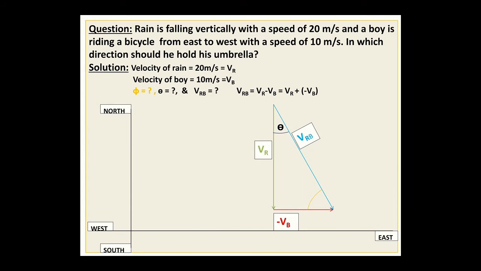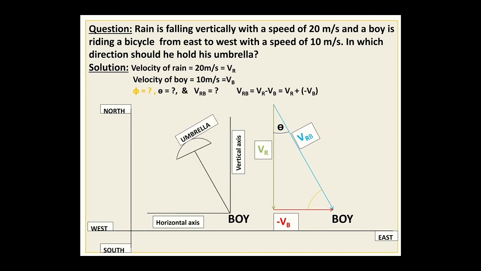The next thing is to find the value of phi and theta. Here you can see this is our vertical and horizontal axis, and this should be the direction of umbrella. This is the direction in which the boy needs to hold his umbrella to prevent him from raindrops.